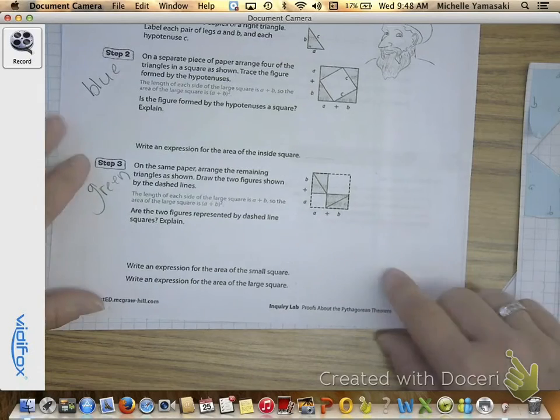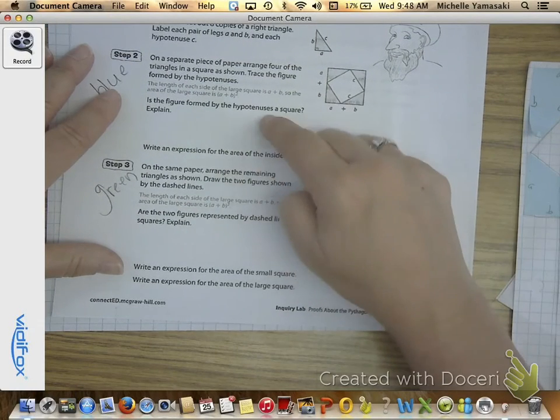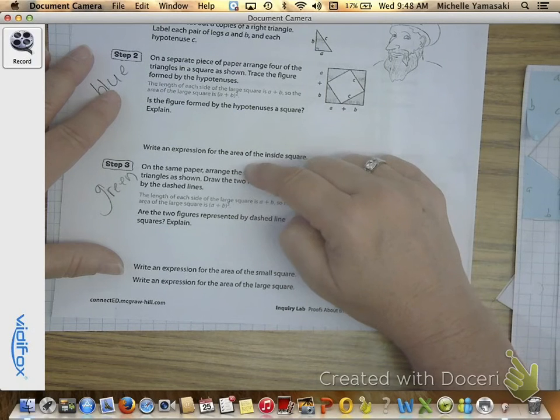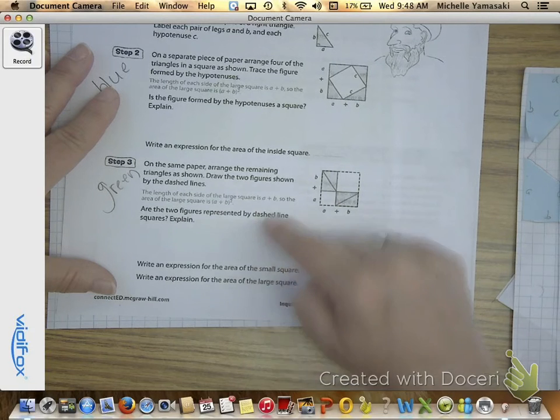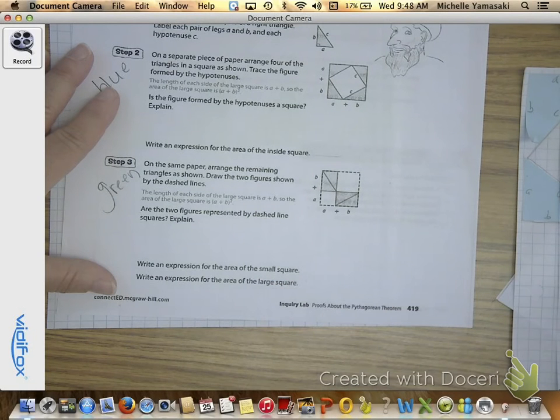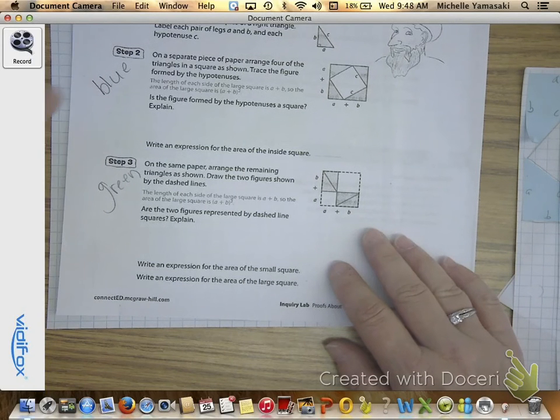So, the blue people are going to explain what the answers are, and the green people are going to record it, while the green people explain the answer, and the blue people will record it on their paper. Okay, do that now.